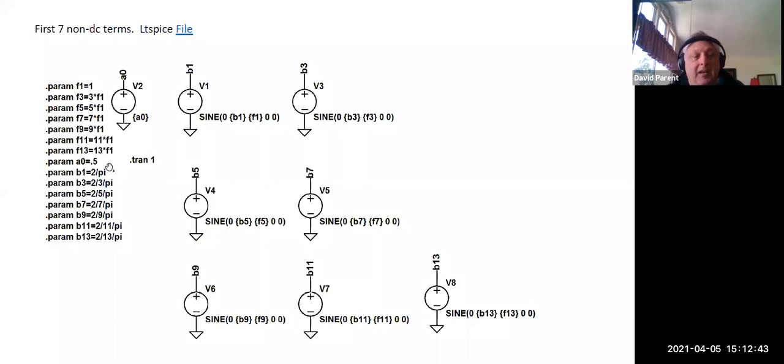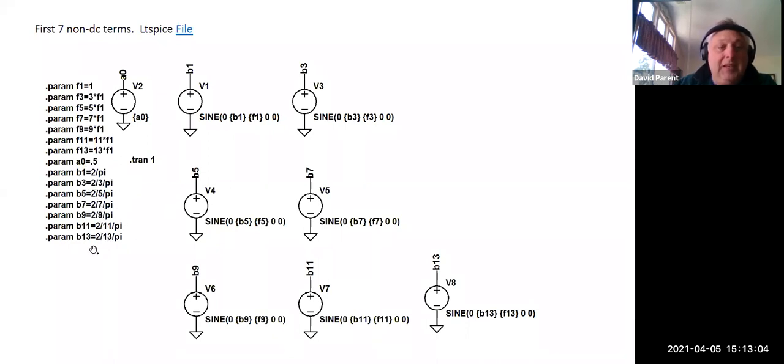I set A0 equal to 1/2, and then I calculate the B constants. You can see the progression here: 2 divided by pi, 2/3 pi, 2/5 pi, 2/7, 2/9, 2/11, 2/13 pi.